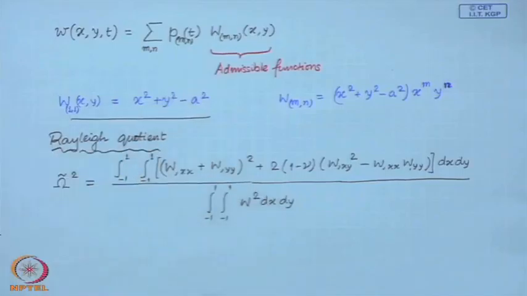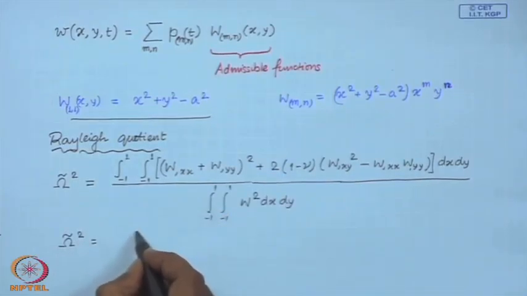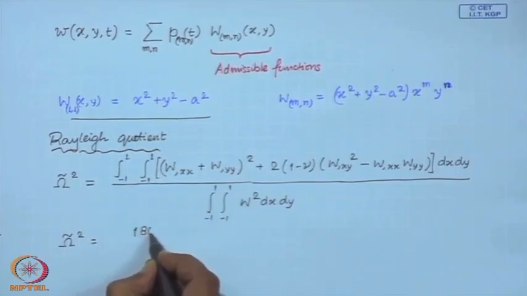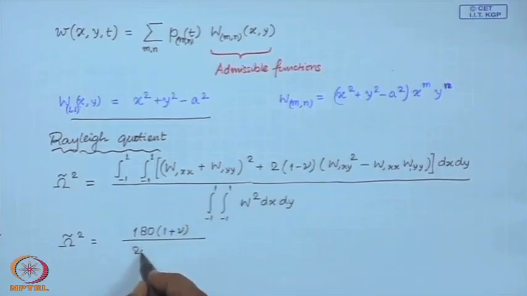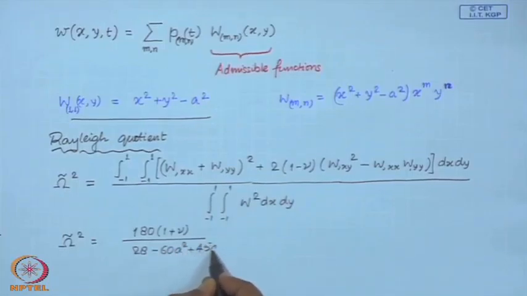If you substitute this as the assumed mode shape function in the quotient, then this turns out to be, if you perform these integrals, this. I have kept this A as it is.